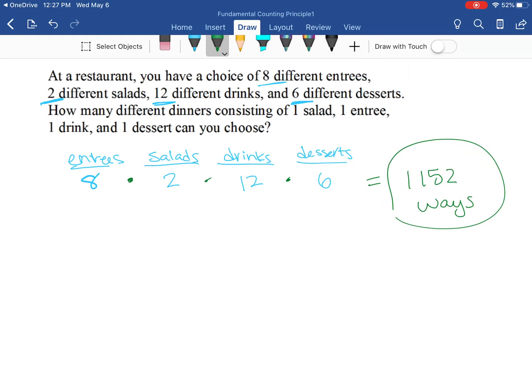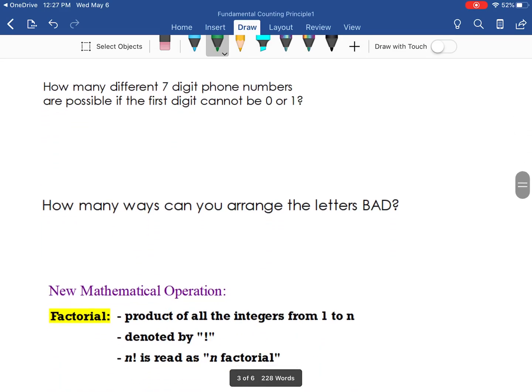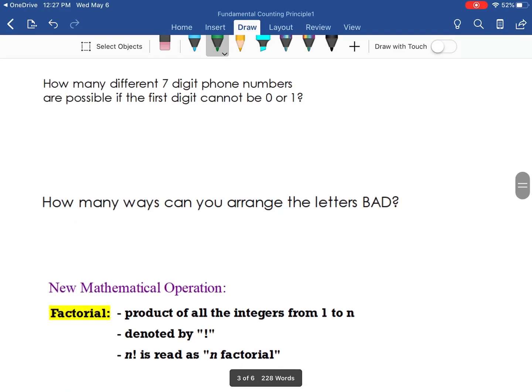And that's what we're doing with the fundamental counting principle. It's just a way to figure out how many different possibilities there are. I don't know about you, but that's more possibilities than I would have guessed I would have for my dinner at a restaurant. Let's look at a couple more examples.